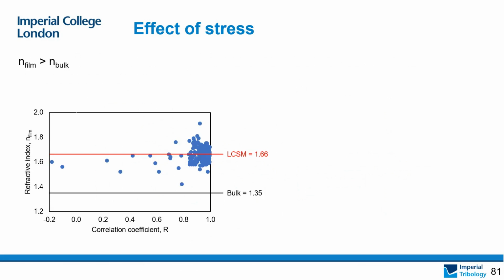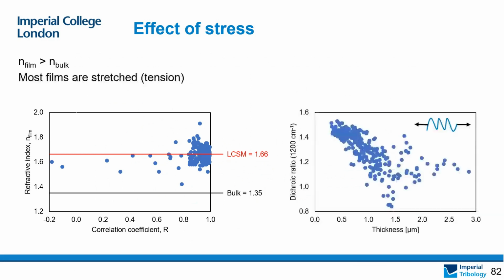Our findings actually contradict the literature because we saw an increase in refractive index in the transfer film. And at the same time, we found that most films are stretched or in tension. But if they are in tension, the refractive index should then have decreased instead of increased.